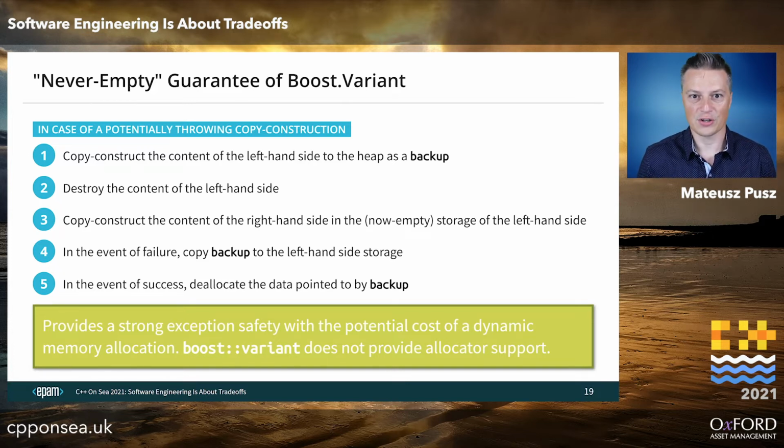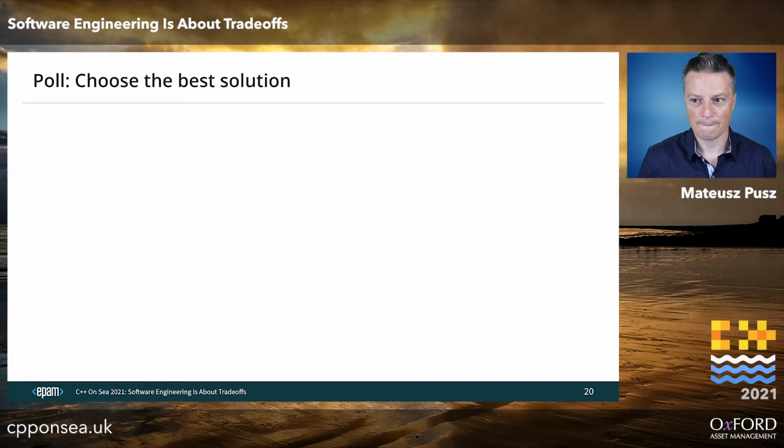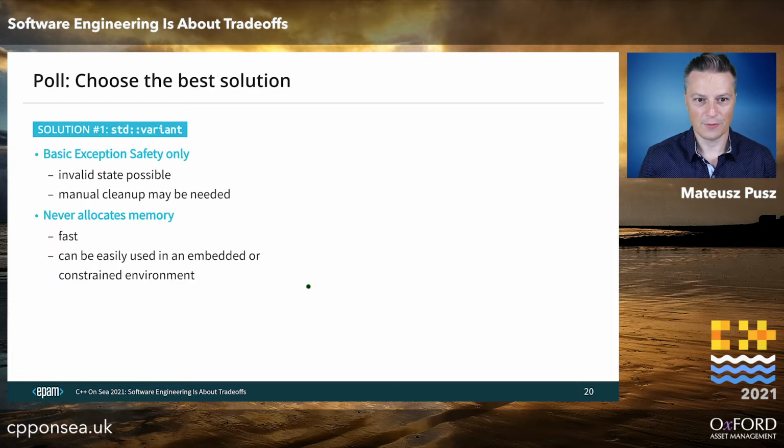So dynamic allocations are not allowed there for the variant. So we have solution 1, variant with basic exception safety only, invalid state is possible, you have to manually clean up if an exception happens, but it never allocates memory. It can easily be used in restricted environments, like embedded, for example.